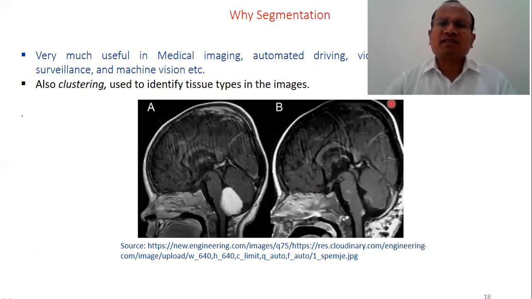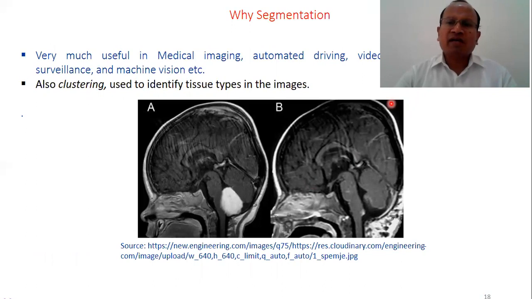Why is segmentation needed? I have already explained why segmentation is needed. Remote sensing applications, aerial imaging, satellite imaging, medical imaging, where, see, when we want to locate a tumor in this medical image, and suppose we are interested to determine the tumor dimension.